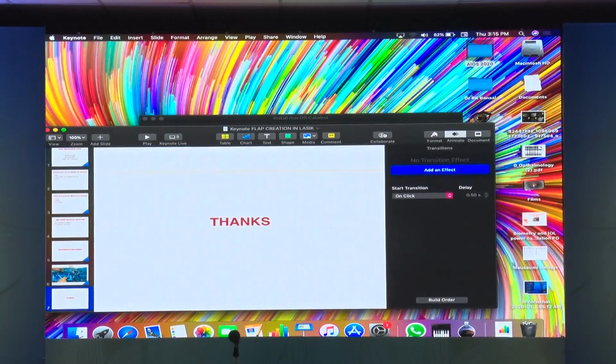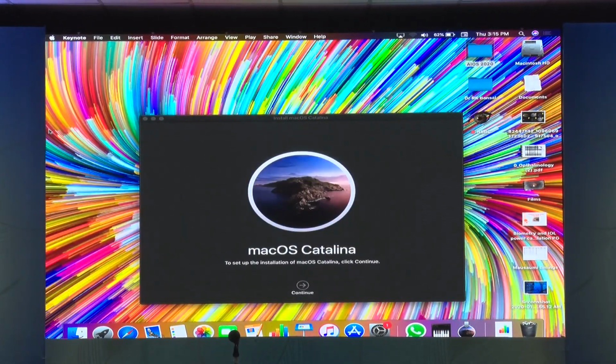So anyway, that was about the creation of the flap. So I'll talk about the complications. A lot of complications were already talked about by Dr. Shroff.